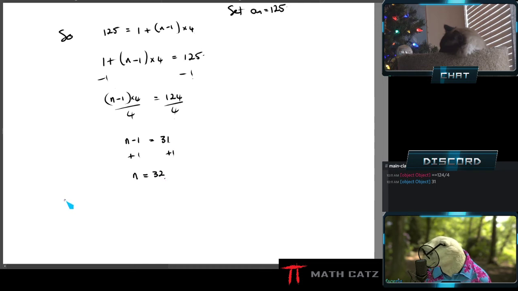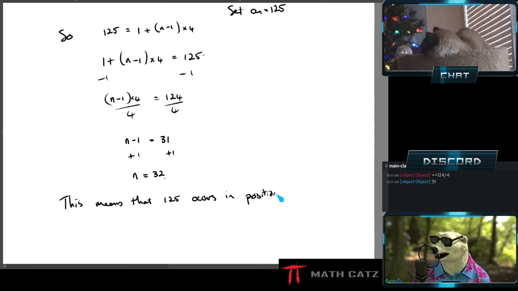So this means that 125 occurs in position 32. So the sequence has 32 terms. Don't be afraid to write words and explain what you're doing.